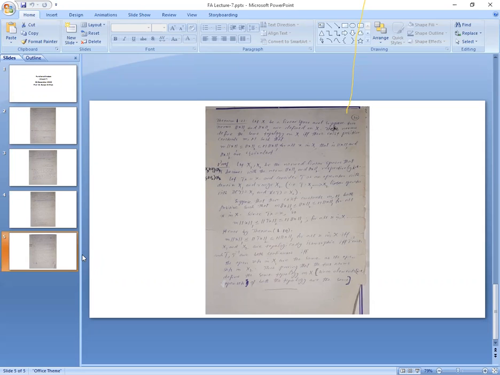So first assume that there exist constants small m and capital M, both positive, such that m times norm of x in norm 1 is less than or equal to norm of x in norm 2, which is less than or equal to M times norm of x in norm 1, for all x in X. Or in simple words, assume that the norms are equivalent. This is your assumption or supposition. Since Tx is equal to x, this is the operator you defined above.